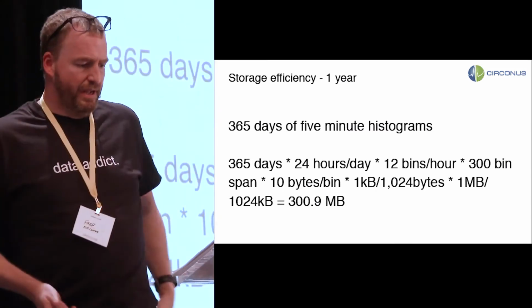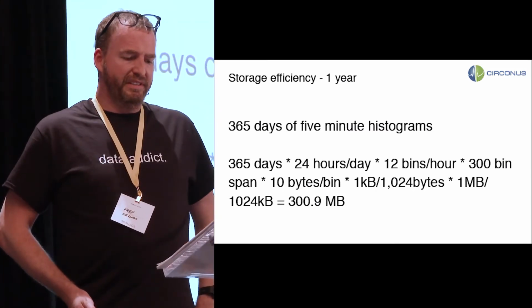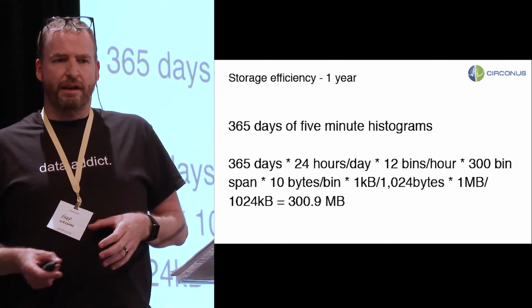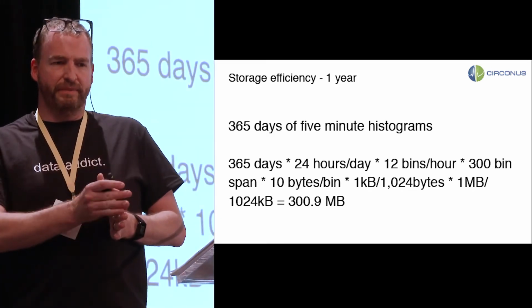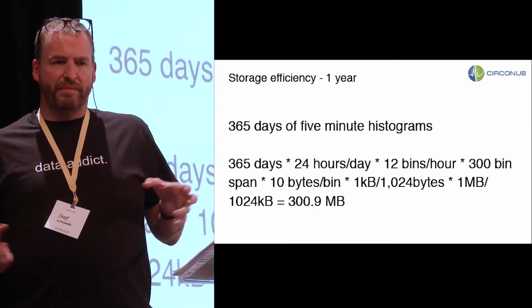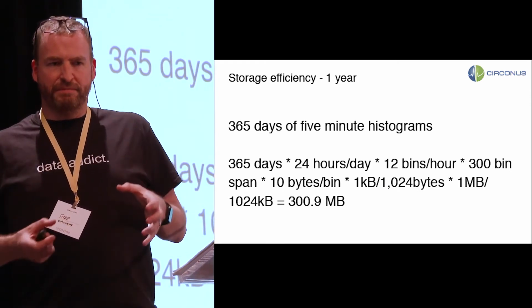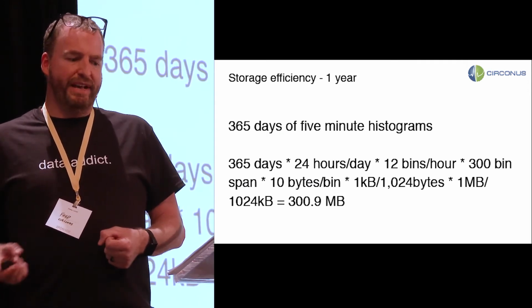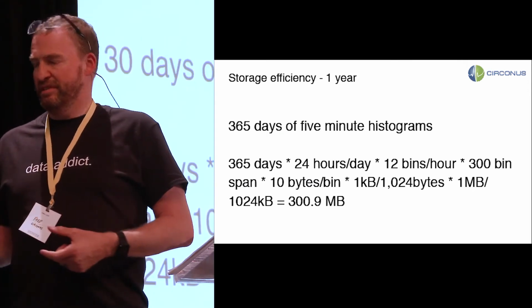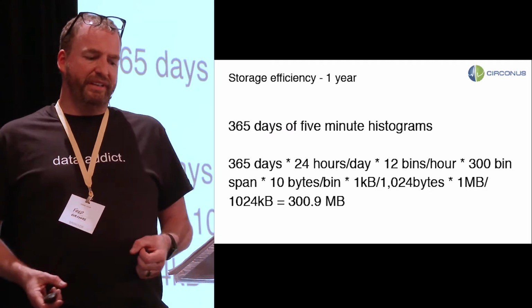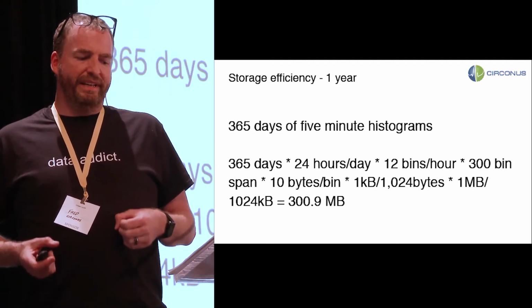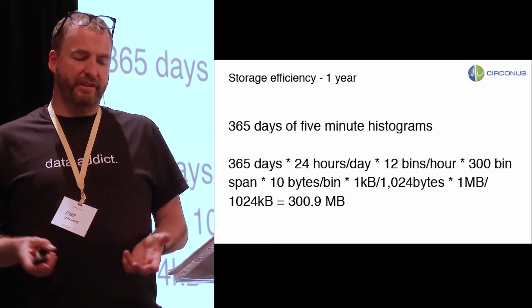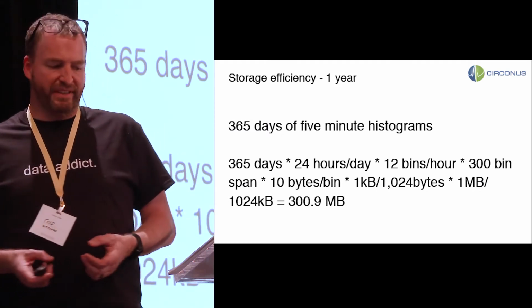Similarly, for a year, the footprint is not that big. We can merge histograms together. I mentioned before, if you lined up the bin boundaries, you can easily merge histograms together programmatically. So we can take that 1 minute data we had in the previous slide and merge it into 5 minute histograms, and we can get 5 minute data distribution resolution for a year, and that takes up about 300 megs.